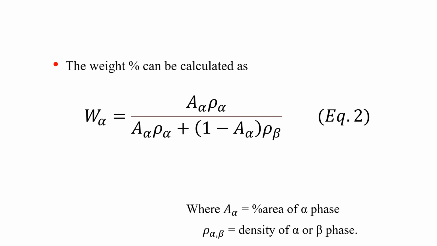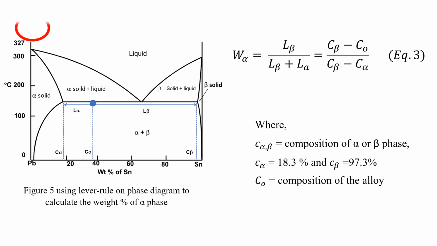This is equation number 2. Using figure 5, a position of C0 is assumed and the alpha and beta lengths are set as a function of the location of C0. In this way, equation 3 can be determined.